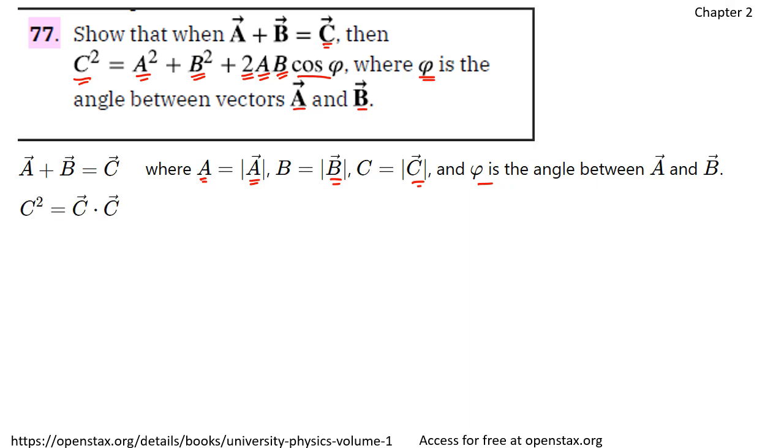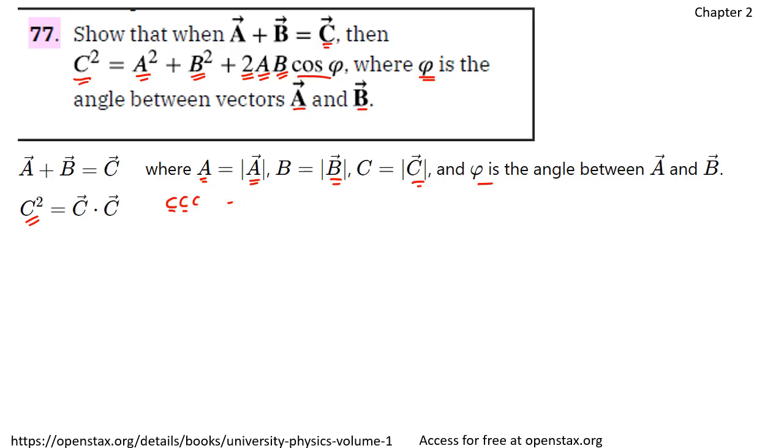Now let's take the square of the magnitude of C, or C dot C. They are parallel, right? So C dot C should give you C into C cosine theta, where theta is the angle between vector C and C. The angle between vector C and C should be 0.